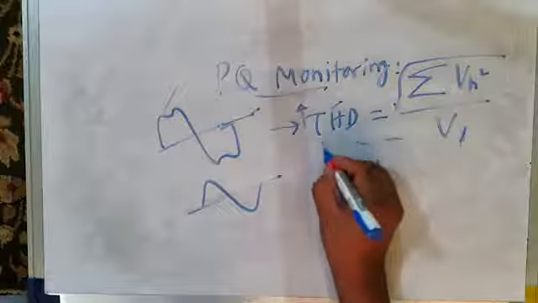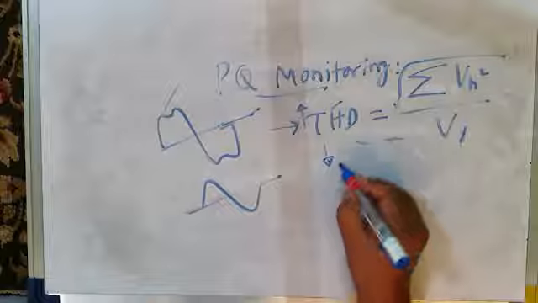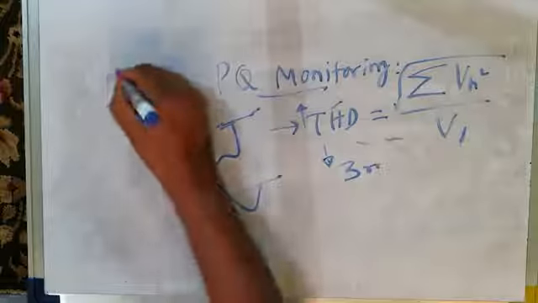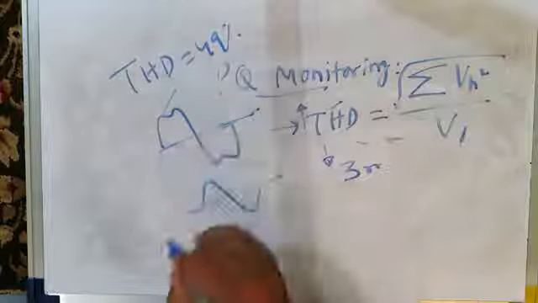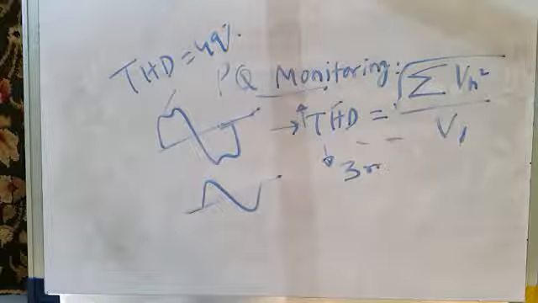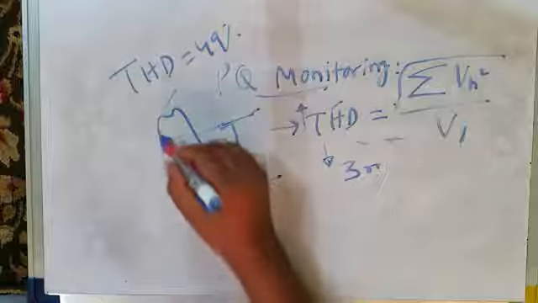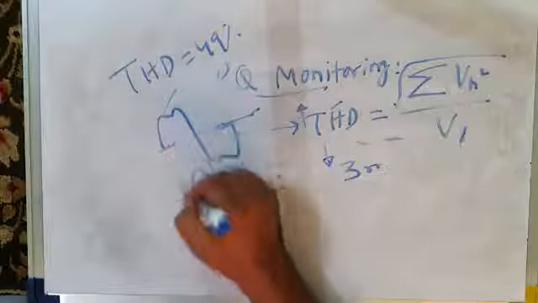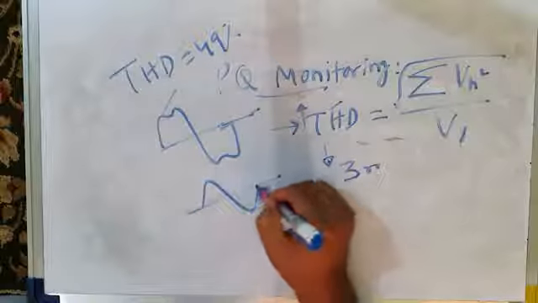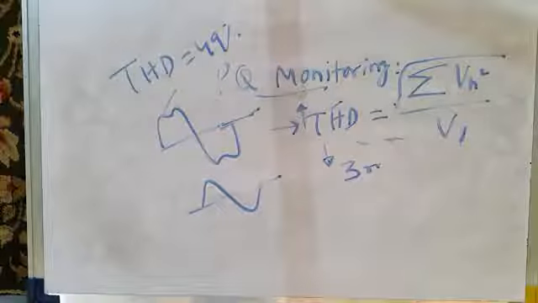But once you know the pollution, you must know what is the contribution. So let us say, for example, THD of this waveform is 49%. And you want to compensate this voltage, and with the help of a filter, you want to convert this distorted voltage waveform into a pure sinusoidal voltage waveform.